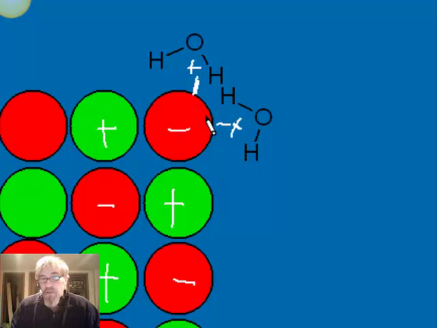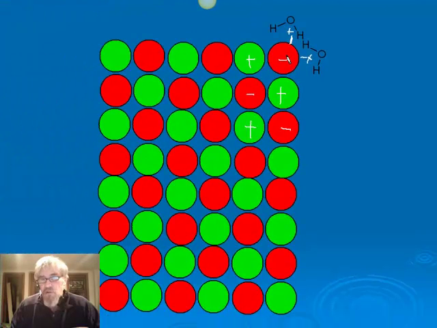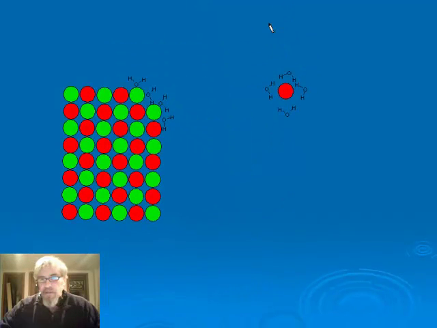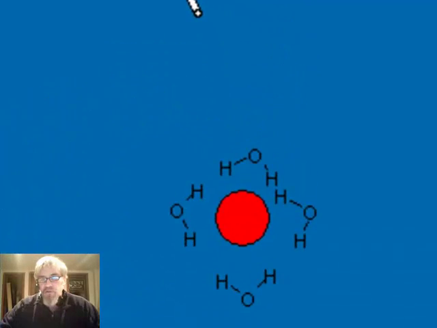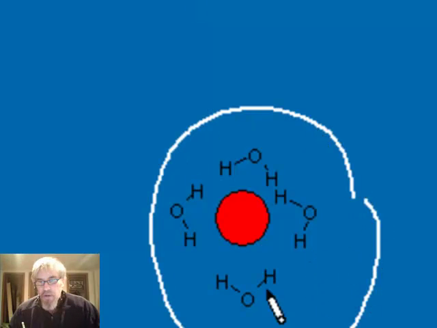And then you're going to see that as the water molecules shake around, their attractions are going to pull that negative ion out of the structure. It gets pulled out into the water, and then it gets surrounded by water molecules, completely surrounded, so that it's unlikely to snap back into the crystal because it's not attracted to the pluses that are part of the crystal anymore. It's attracted to the water molecules it's surrounded by. It makes a sort of shield around the ion.